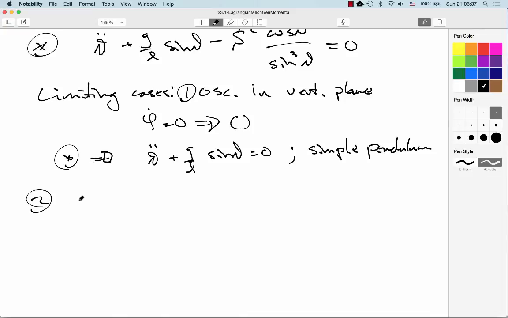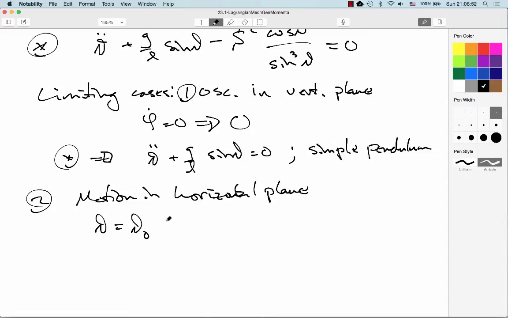My second limiting case, motion in horizontal plane. All right, so then we will be demanding that our theta be equal to some constant theta naught. So then that means theta dot equals 0, right? Which is a constant.